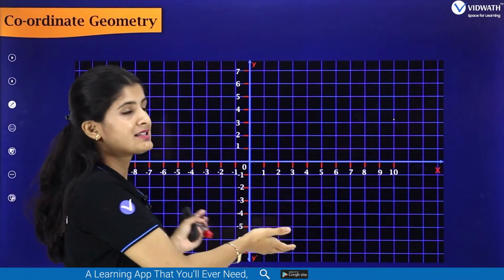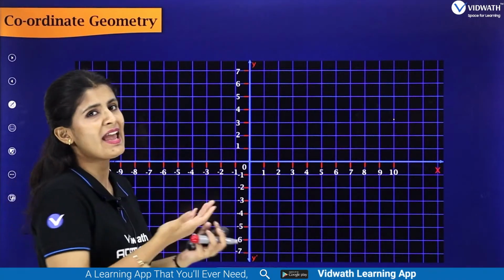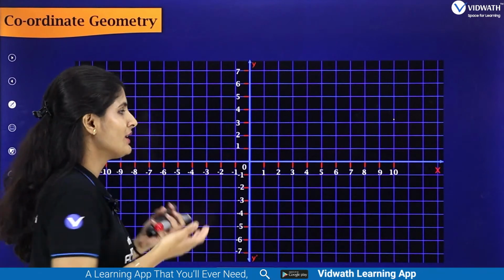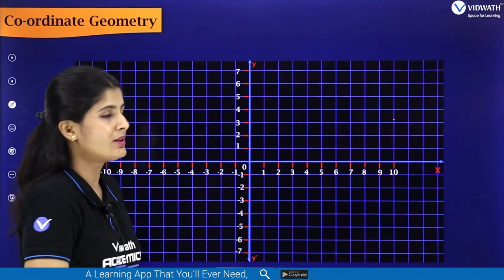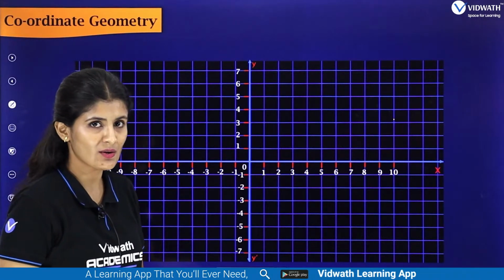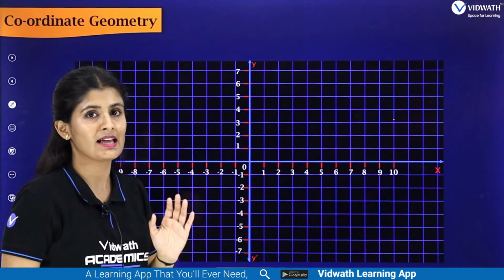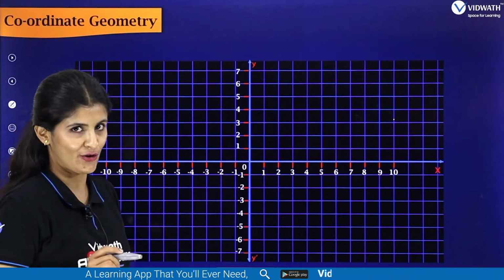But this is the worldwide accepted convention. This is what everyone in the world uses. Therefore, we also consider the same convention, and we take x-axis as the horizontal axis and y-axis as the vertical axis, intersecting at the origin.